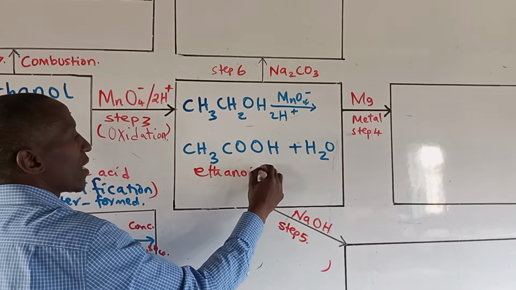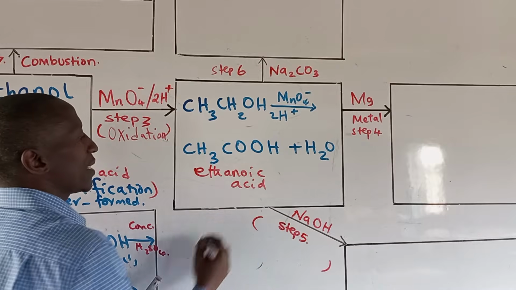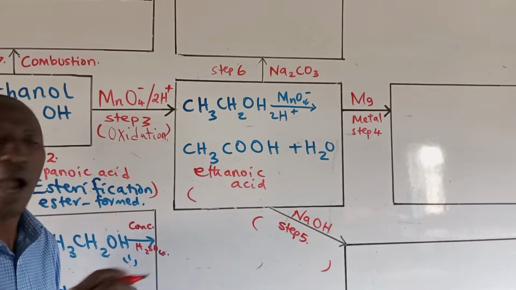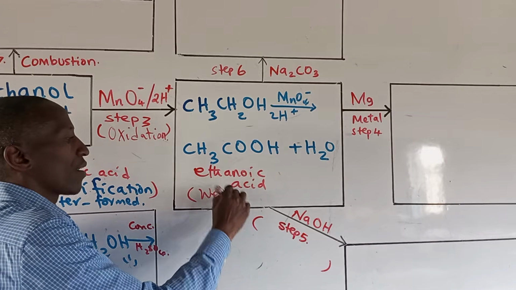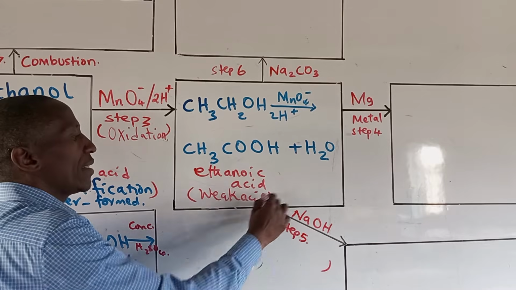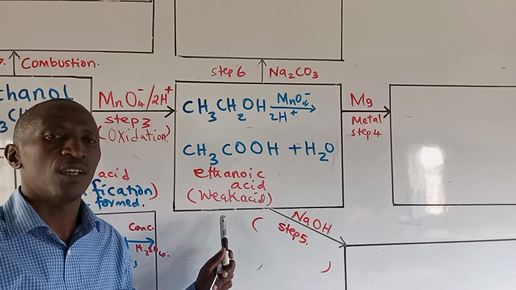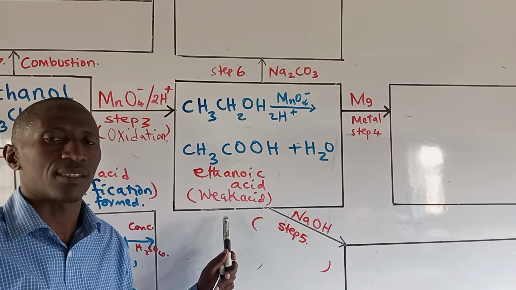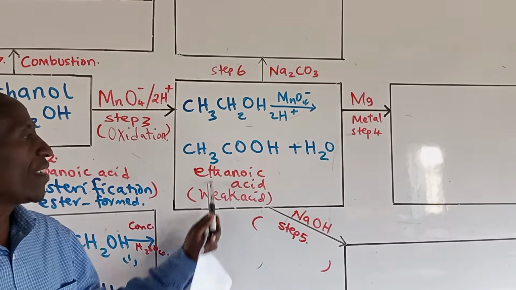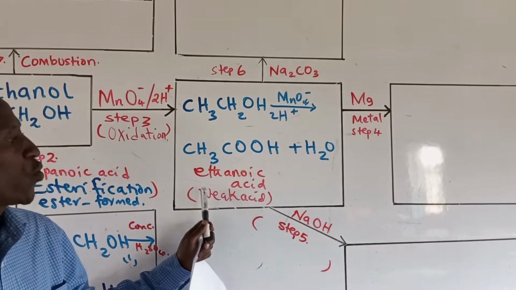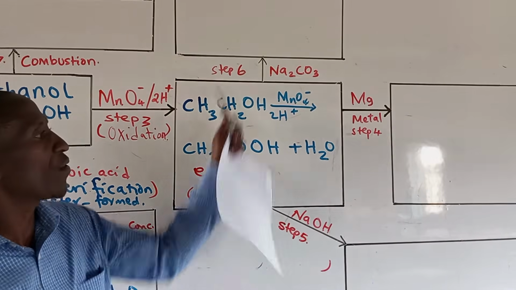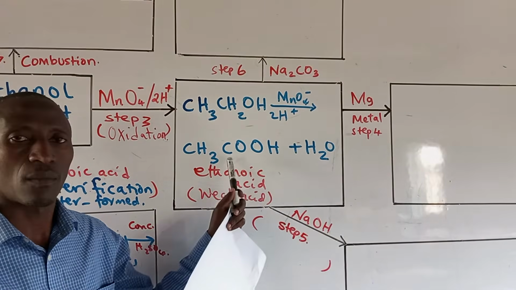Ethanoic acid is a type of a weak acid, and these are the kind of acids that have pH values around 5 and 6. Now, the ethanoic acid is going to react with several other reagents.